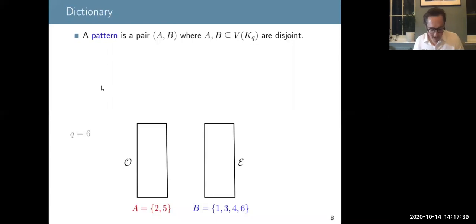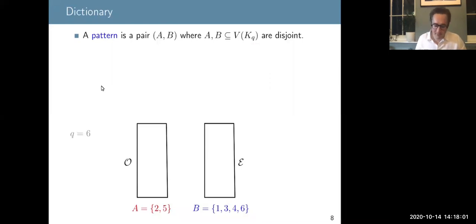Okay, so what do we mean here by a pattern? A pattern, I'm going to say, is a pair A, B, these are now both subsets of my color set, and they're going to be disjoint. So for example, if Q equals 6, one pattern might be {2, 5}, {1, 3, 4, 6}.